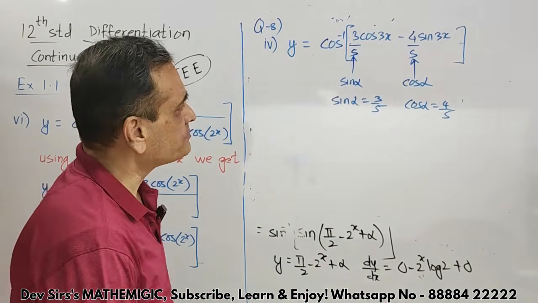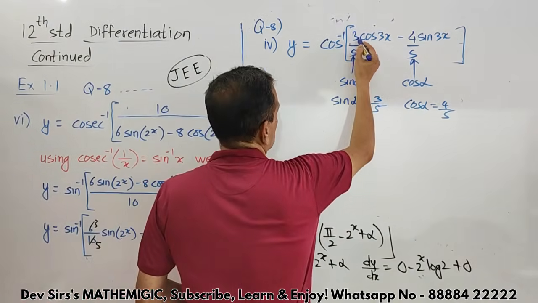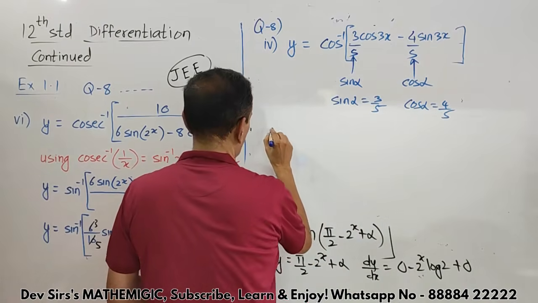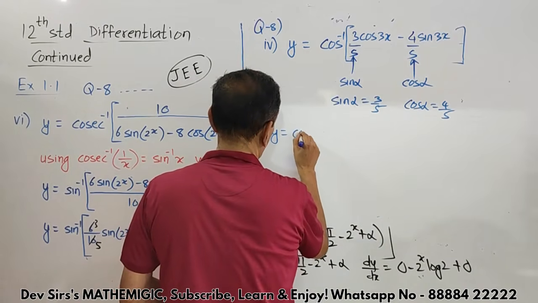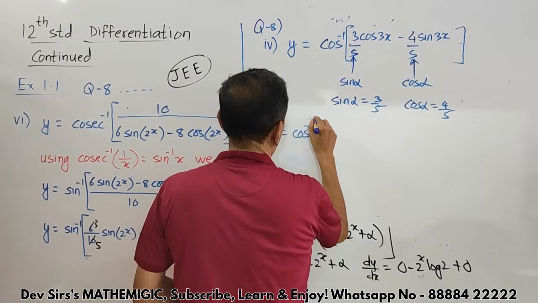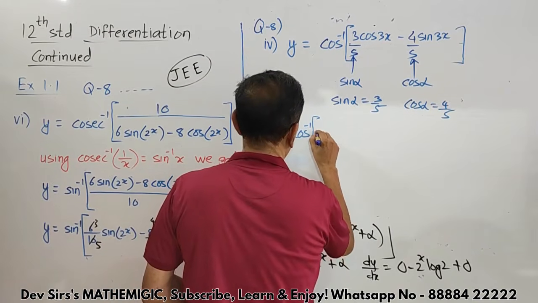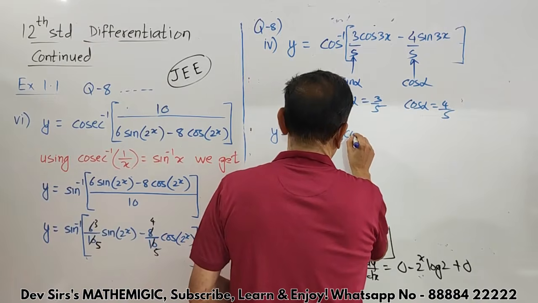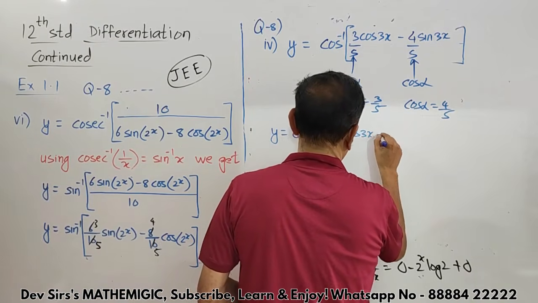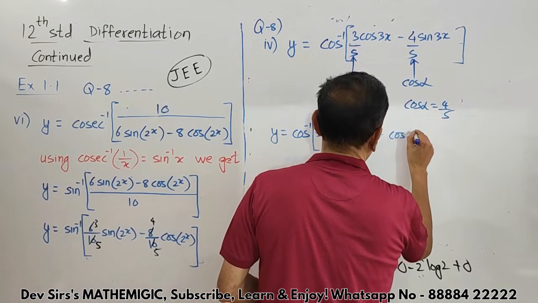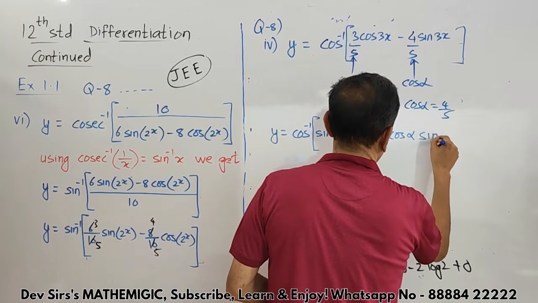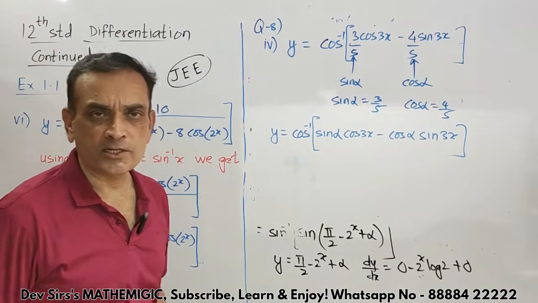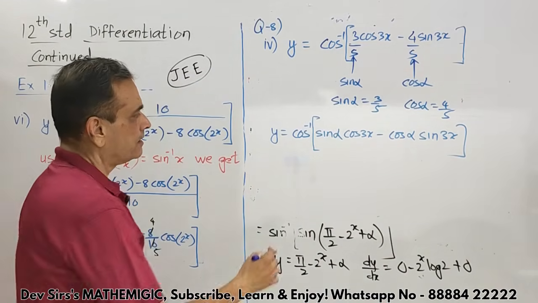Go ahead, substitute there. What do you get? Sin alpha cos 3x minus cos alpha sin 3x. No need to rearrange, everything is set up for us.